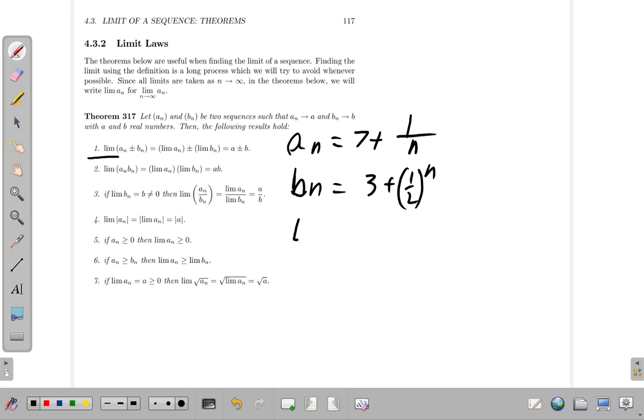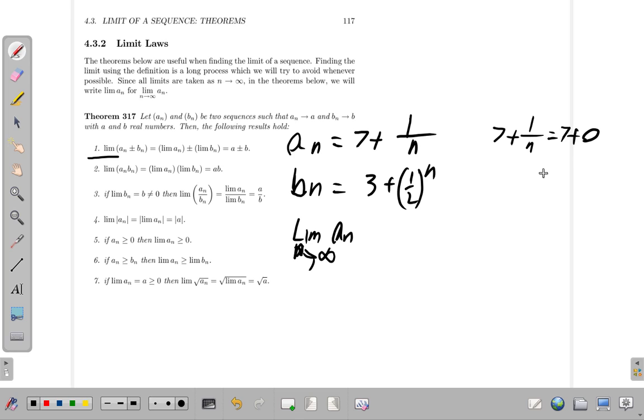Now, what's the limit as n tends to infinity of an? We see that 7 plus 1 over n becomes, as n tends to infinity, 1 over n tends to 0, so it's 7 plus 0.